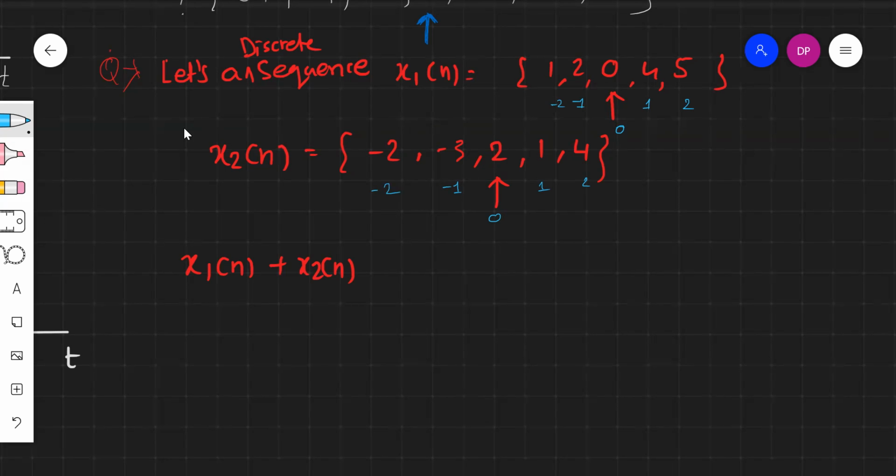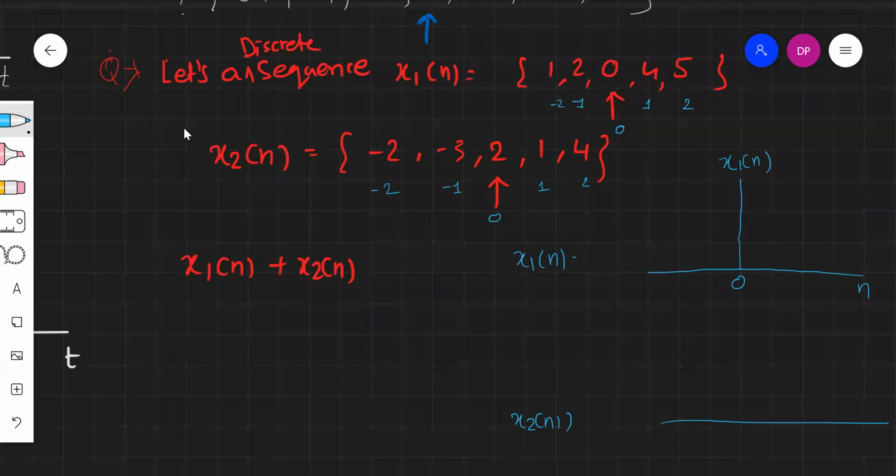So if at all we would like to go for a plot of x1 of n, let me do it here. If you take the x-axis as index n, and this as the y-axis, we are interested to plot this discrete sequence x1 of n, assuming this to be the 0th index. Similarly, I'm taking x2 of n below this so that it will be clear. Here too, this is the 0th index and this is n.